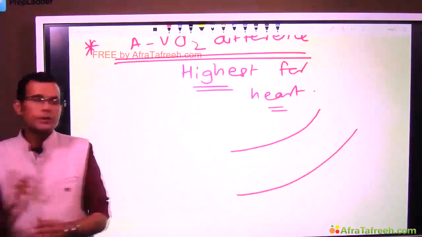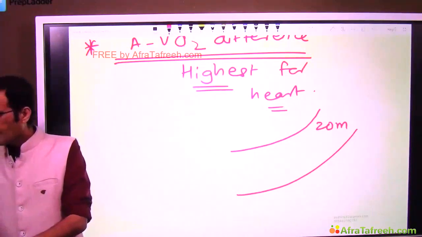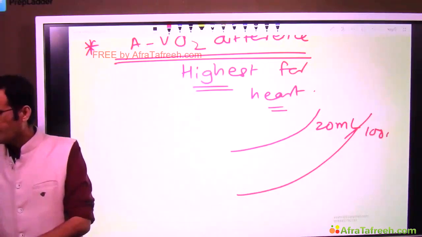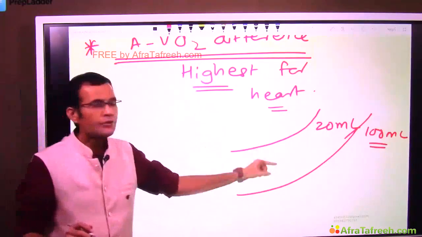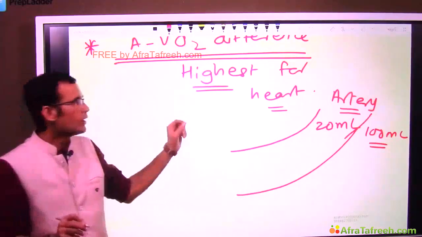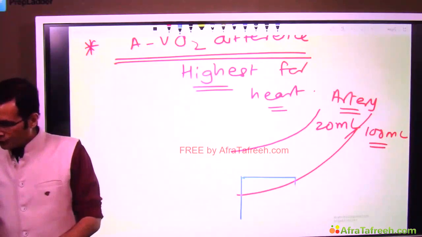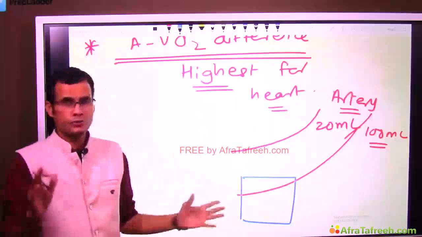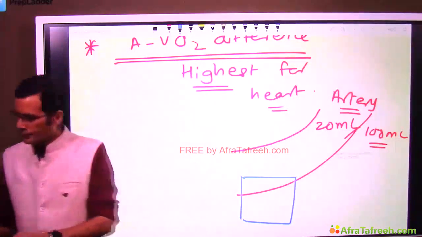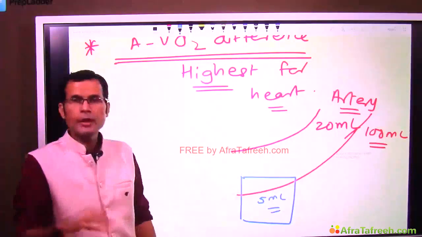Normally, the arterial blood carries 20 ml of oxygen in every 100 ml of blood. Every 100 ml of arterial blood carries 20 ml of oxygen. When it reaches tissues, now I am talking about the other tissues first, under normal basal conditions of metabolism, 5 ml is extracted by the tissues.